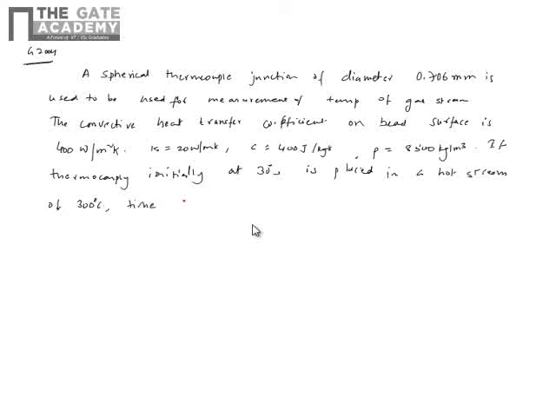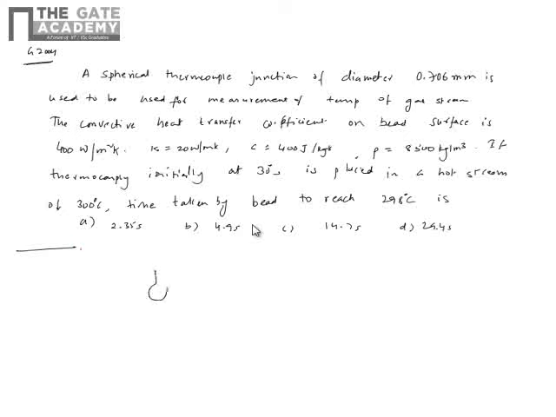The time taken by the bead to reach 298 degrees Celsius is: 2.35 seconds, 4.9 seconds, 14.7 seconds, 9.4 seconds. So this is the case. You have a spherical thermocouple which is initially at 30 degrees Celsius initial temperature. Now it is placed in a hot stream.